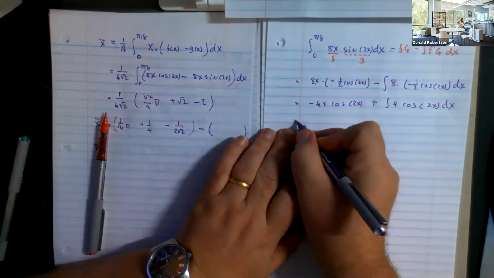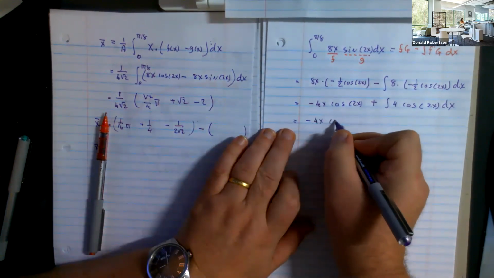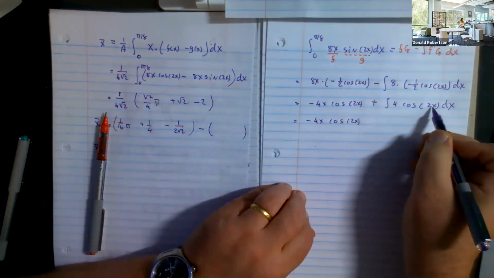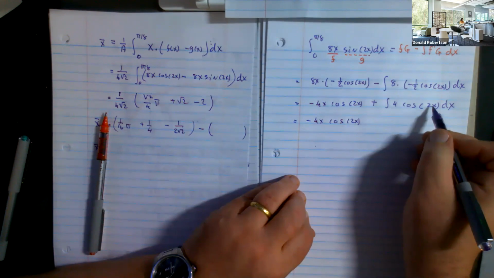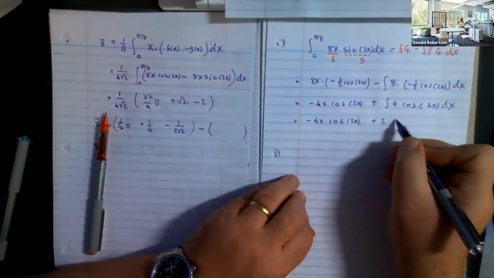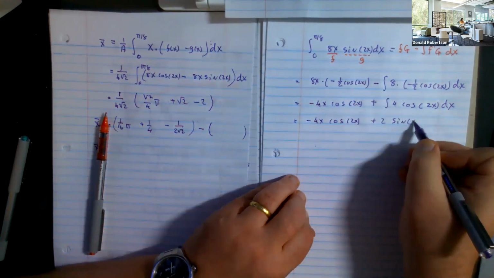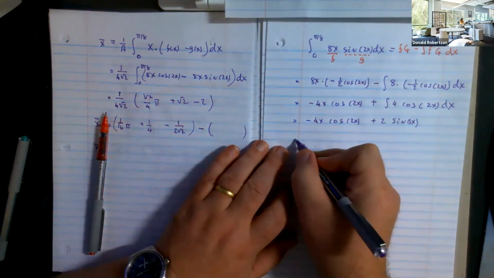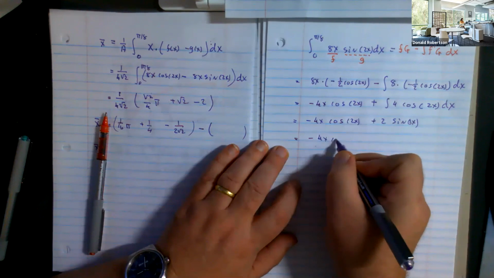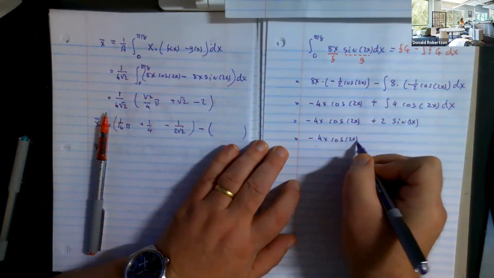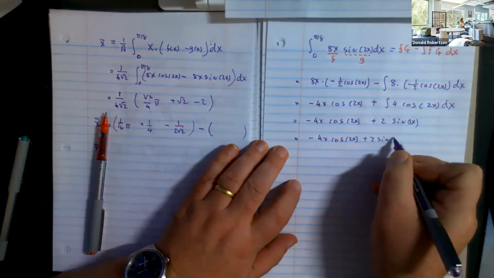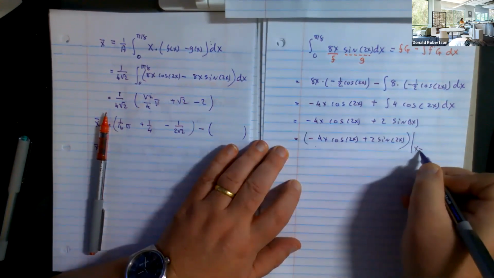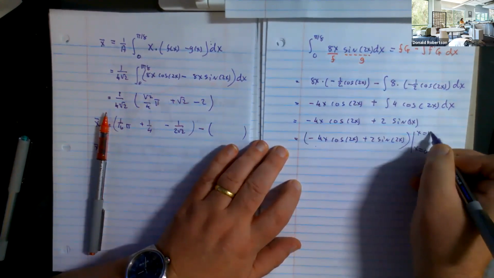And this gives me, well, if you integrate this, you get a positive sine of 2x with a half, so you get plus 2 sine of 2x, which is now going to be evaluated at 0 and at pi over 8.